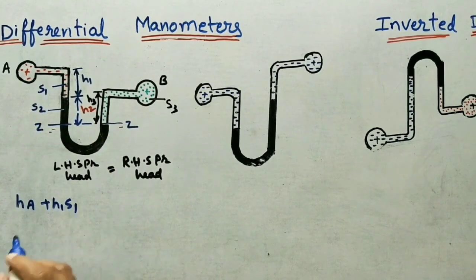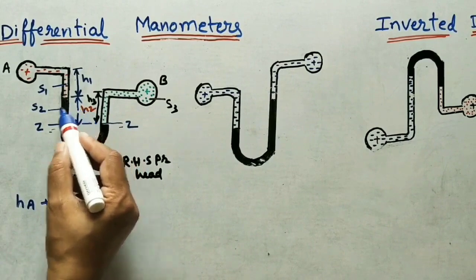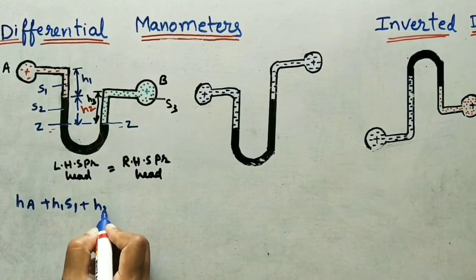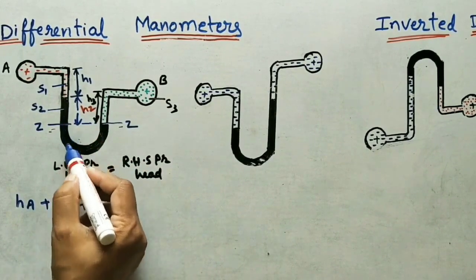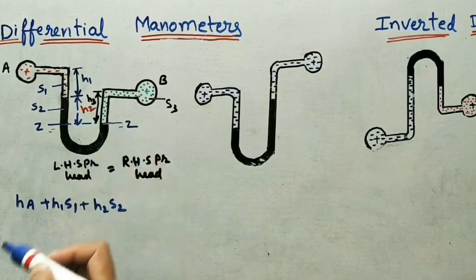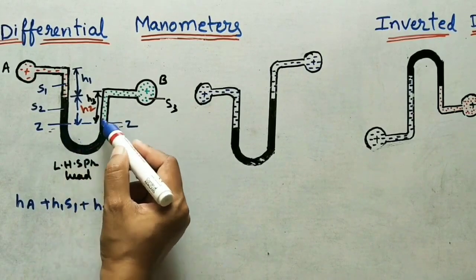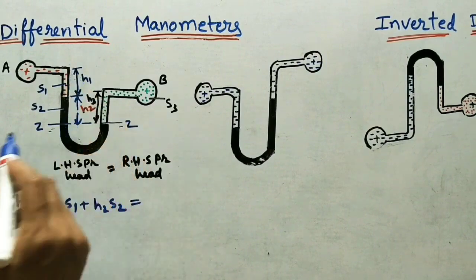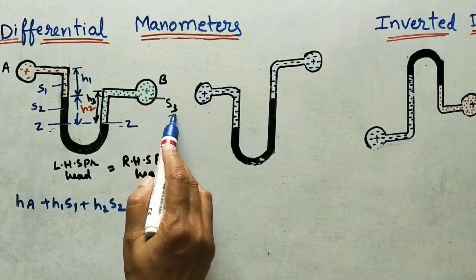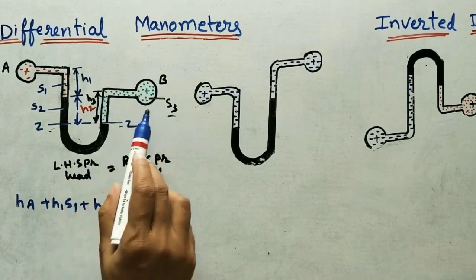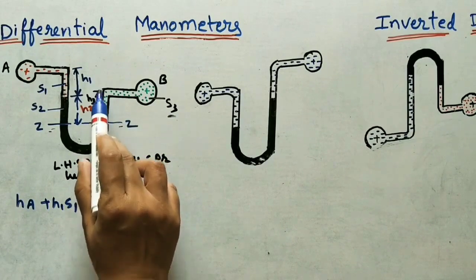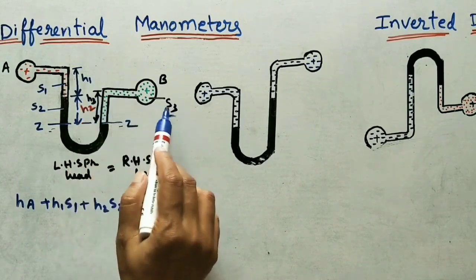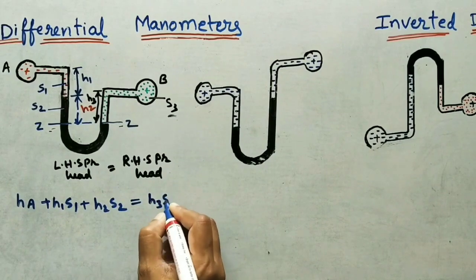Again on the left hand side the mercury height H2 gives H2 S2. The part below the datum line, as I told previously, we are not considering, it is symmetrical, so there are no other heights on this side. This side has S3 fluid, so because of H3, the pressure head is H3 S3.